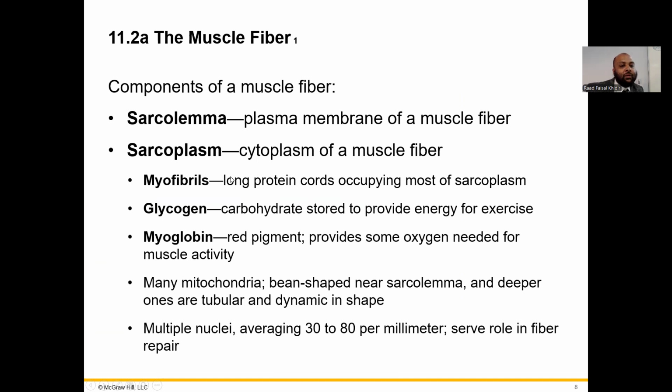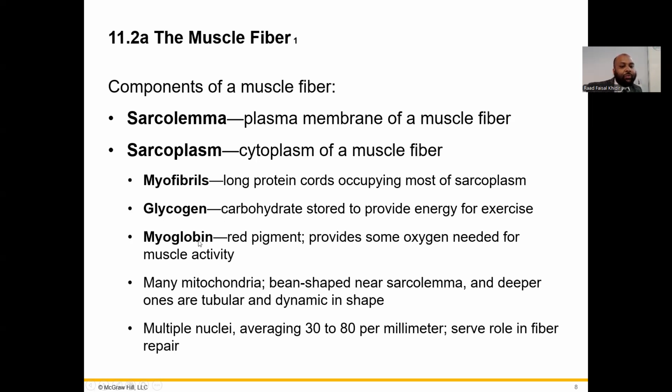Then we have myofibrils, and myofibrils are long protein cords occupying most of the sarcoplasm. And then you have glycogen. Glycogen is a carbohydrate that is stored to provide energy for exercise.